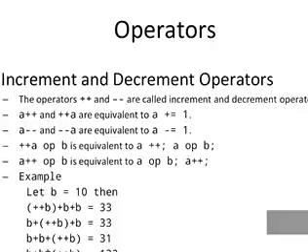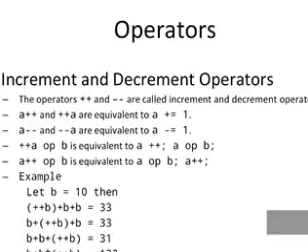Increment, decrement operators. Increment means the plus plus operator, decrement means the minus minus operator. Plus plus means single increment, minus minus means single decrement. The operators plus plus and minus minus are called increment and decrement operators. A plus plus and plus plus A are equivalent to A plus equal to 1.